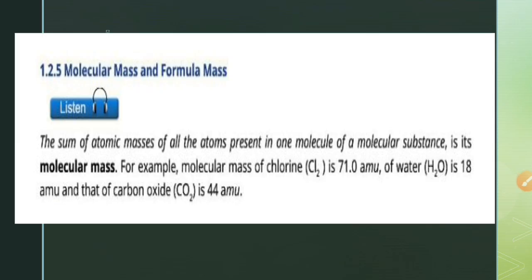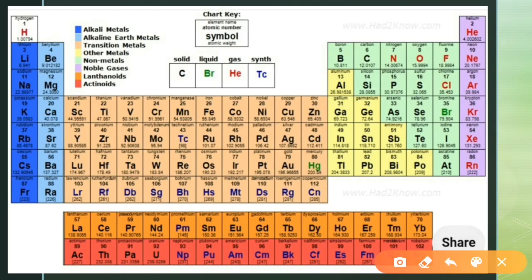So let's do it one by one. Chlorine, Cl2. First of all, locate chlorine. Yes, here it is. Now what you have to add is atomic mass, not atomic number.